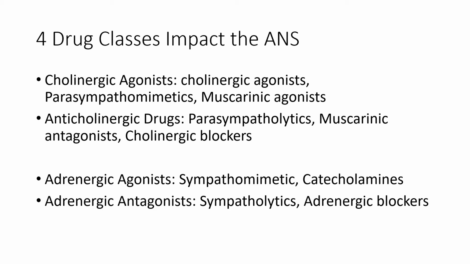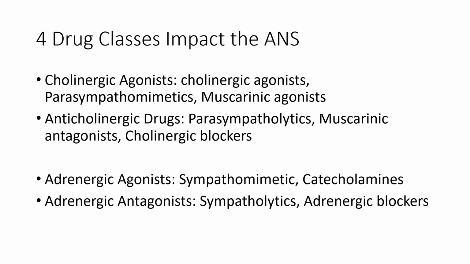Okay, so drug classes now. When you're starting this, try and refer back to that slide that we just did with the divisions of the parasympathetic and sympathetic, and think about it. So there's two divisions, right? There's the sympathetic and parasympathetic.